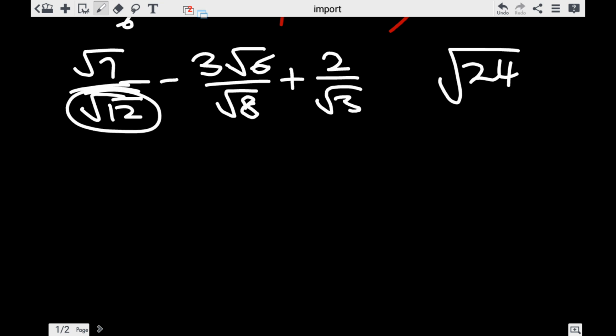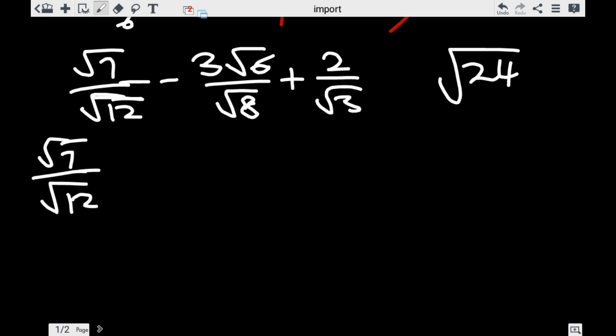So the LCM of root 12, root 8 and root 3 is root 24. You look for the numbers that are in them and just put the square root symbol on top. So therefore you should get root 24 for the LCM of 12, 8, and 3. So I read it this way: root 7 over root 12. Root 24 divided by root 12 gives root 2.